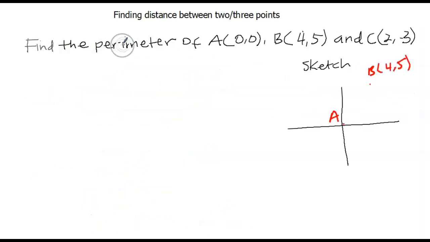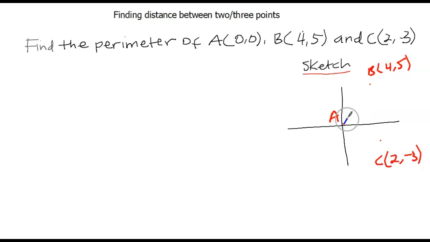Okay, so we have been asked to find the perimeter of the point A, which is 0, 0, and the point B, 4, 5, and point C, 2, -3. And I want us to sketch. So here is 0, 0, and here is 4, 5, and the point C, which is going to be somewhere down here, point C, 2, -3.